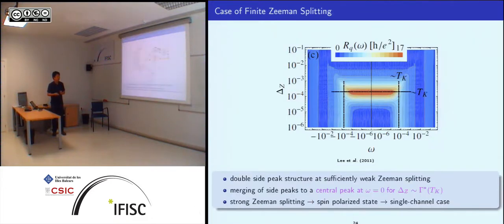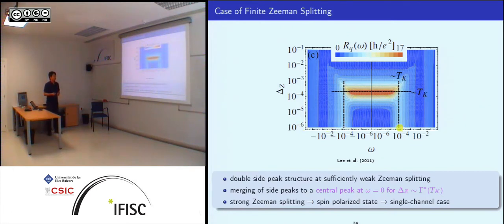And now we apply an external magnetic field to induce Zeeman splitting. At low Zeeman splitting, we have two peaks here and here. Now we increase the Zeeman splitting, and suddenly we have a single peak centered at zero frequency, and the peak height is much larger. The condition for this peak is that the Zeeman frequency is comparable to the Kondo temperature.